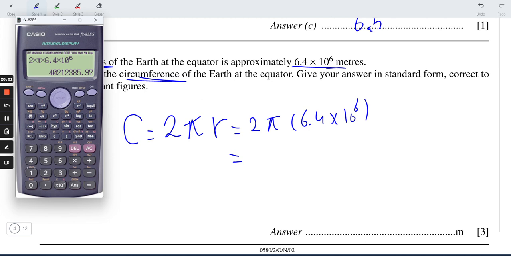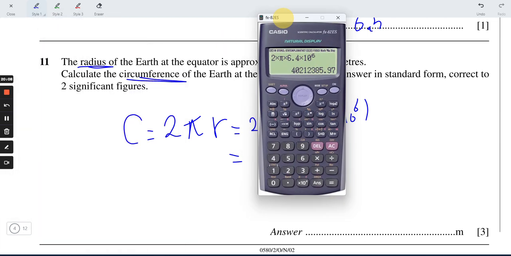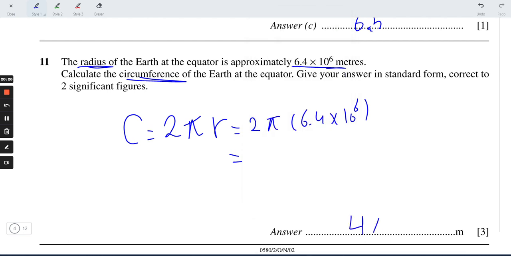We have this answer and they are asking you to give your answer in standard form correct to 2 significant figures. That means I should change this big number to a significant figure. So rounding will be 4 times 10 to the power of 7.